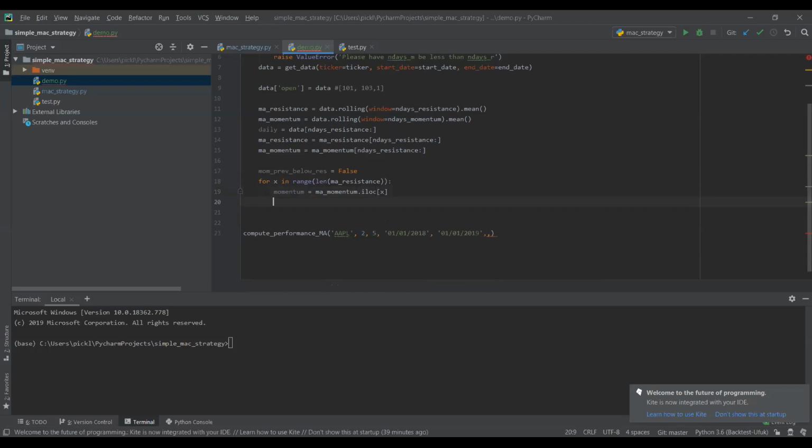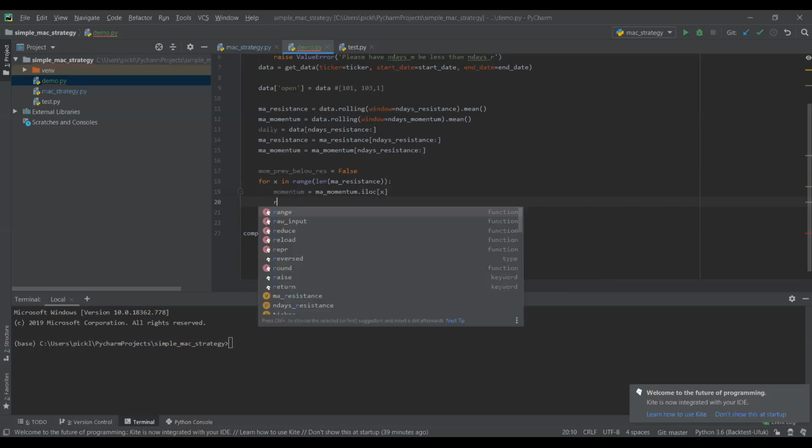Okay, so what this basically does is we get the X index in the MA momentum data frame. And iLoc stands for integer locating, I think. So that's how you get the X item. And so we're going to get the momentum value, then we're going to get the resistance value.